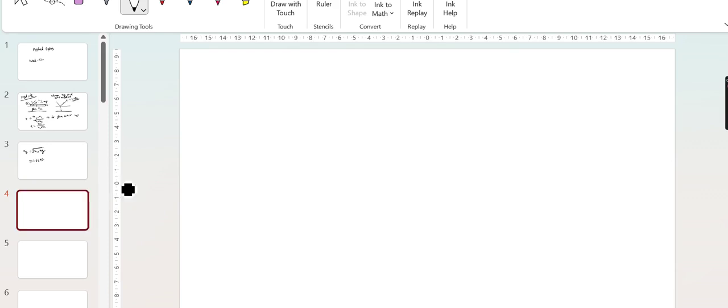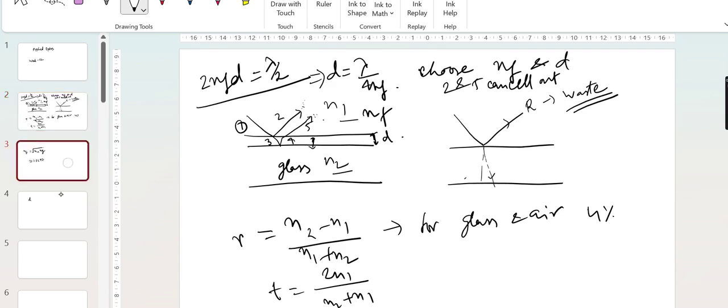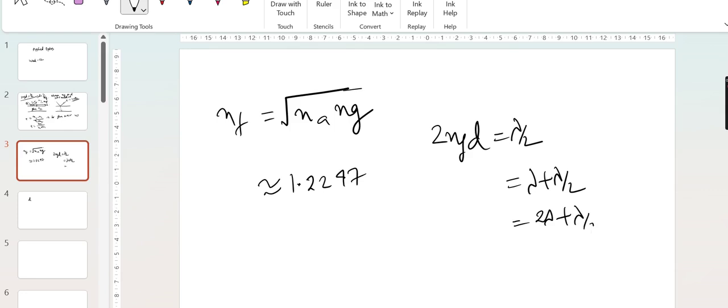From the mathematical calculation, we can see that d is basically lambda by 4 n_f. But we also know that d of lambda by 2, or lambda plus lambda by 2, or 2 lambda plus lambda by 2 all give this.